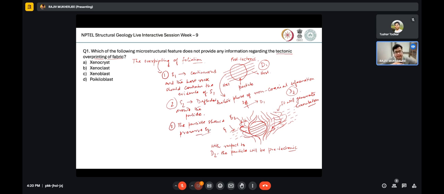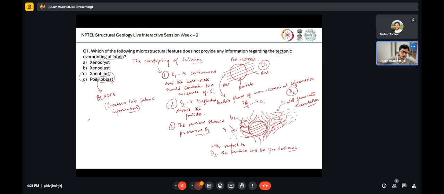Now, which among the following does that? So we have four options, and amongst that, we can safely say that xenoblast and poikiloblast will most certainly contain the fabric information. Blasts preserve the fabric information, right?